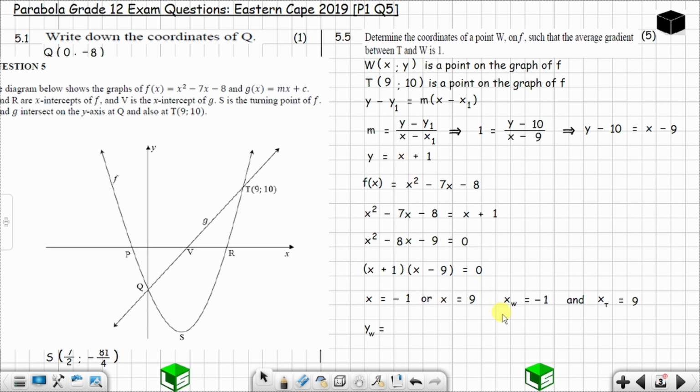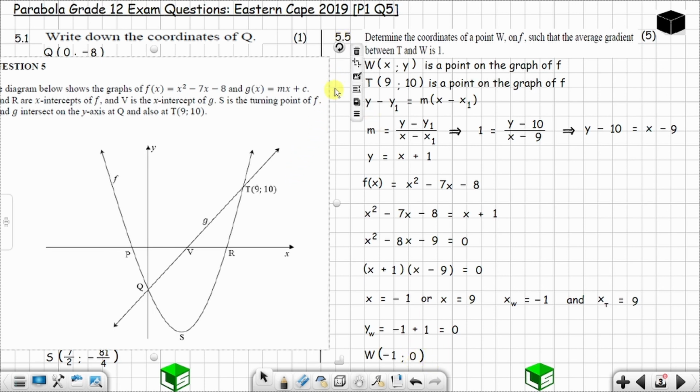You have x, which is negative 1, plus 1. This is equal to 0. So now you have the y coordinate of the point W, and the coordinates of the point W are negative 1 and 0. So we have solved question 5.5.